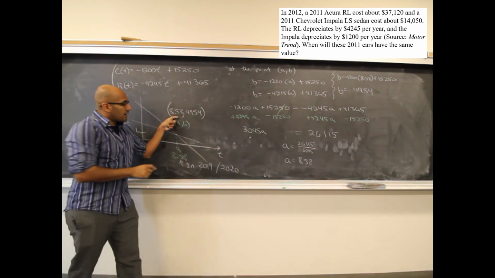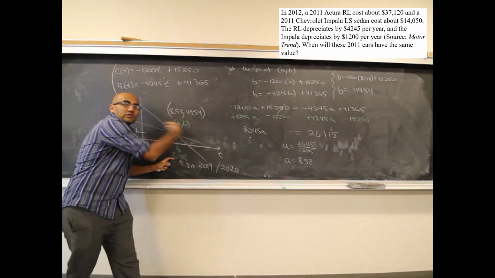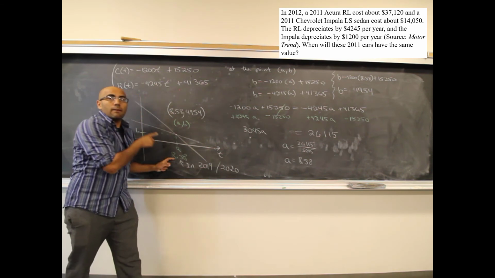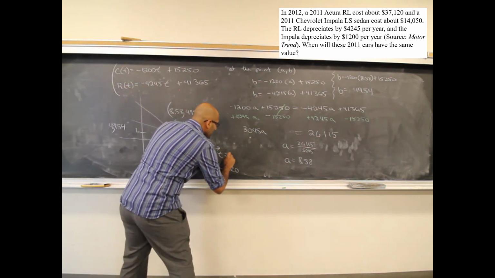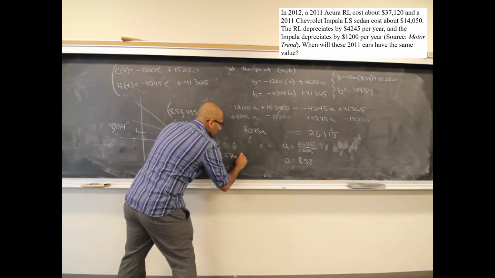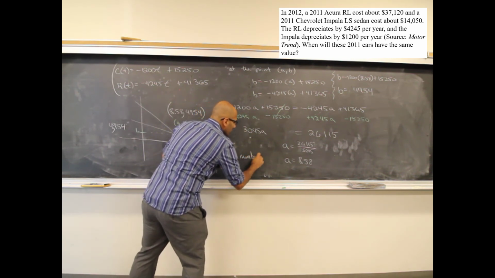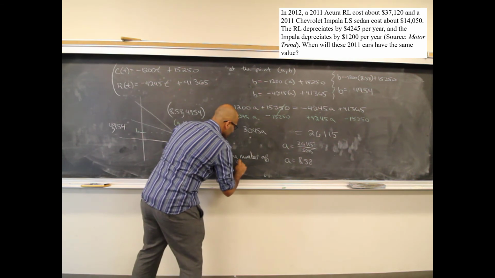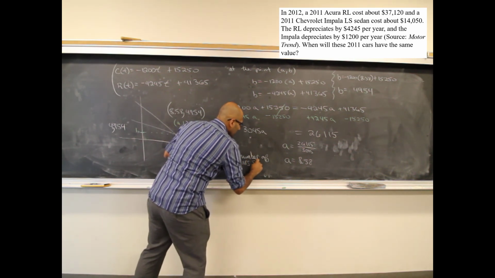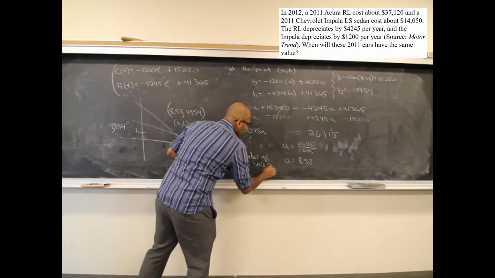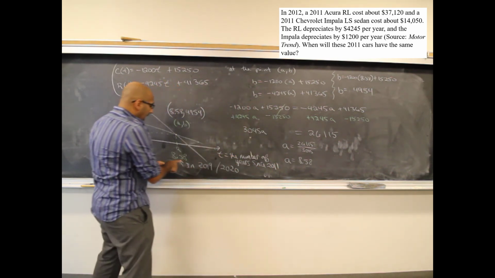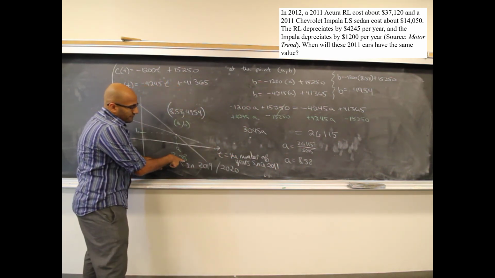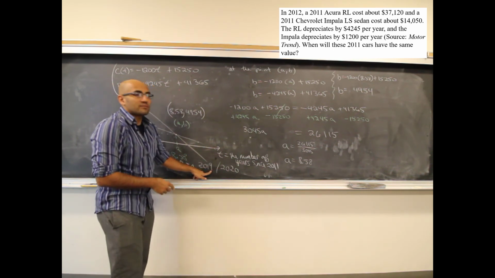So now, keep in mind that the way we interpreted this was by keeping our definition, which was T was the number of years since 2011. That's how I defined it to be. That's why I get an 8.58, which comes up to this.